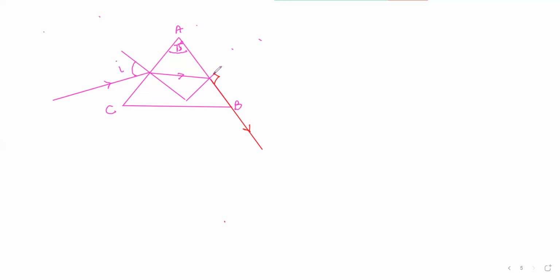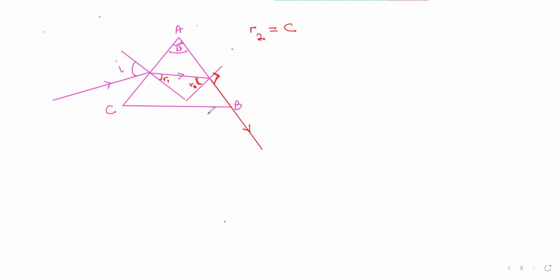So this angle must be 90, meaning that this angle R2, this is R1, this is R2, and R2 in this case must be equal to the critical angle of the material, if it's hitting at the critical angle of the more dense medium.